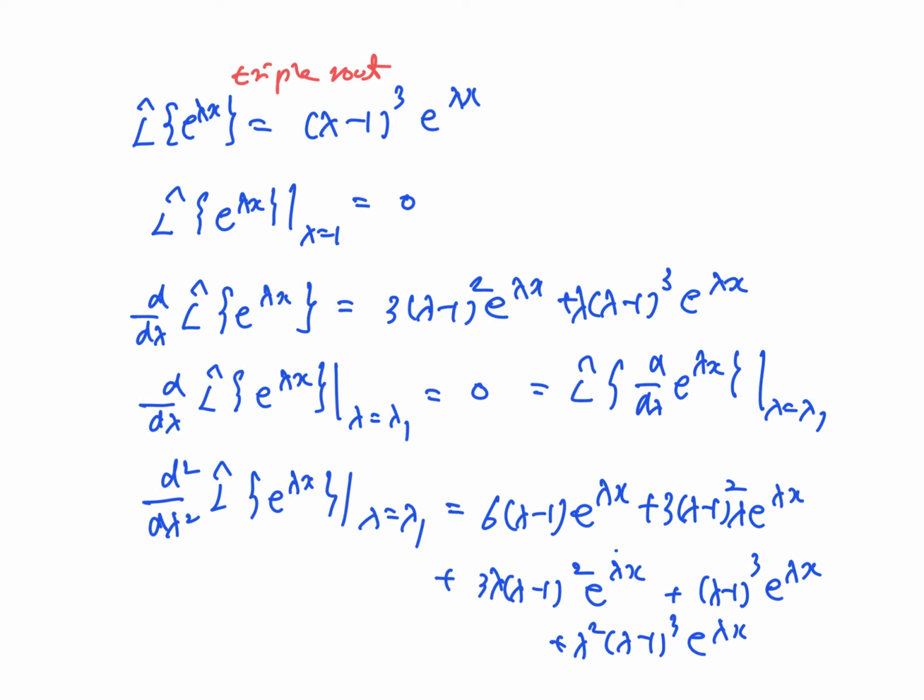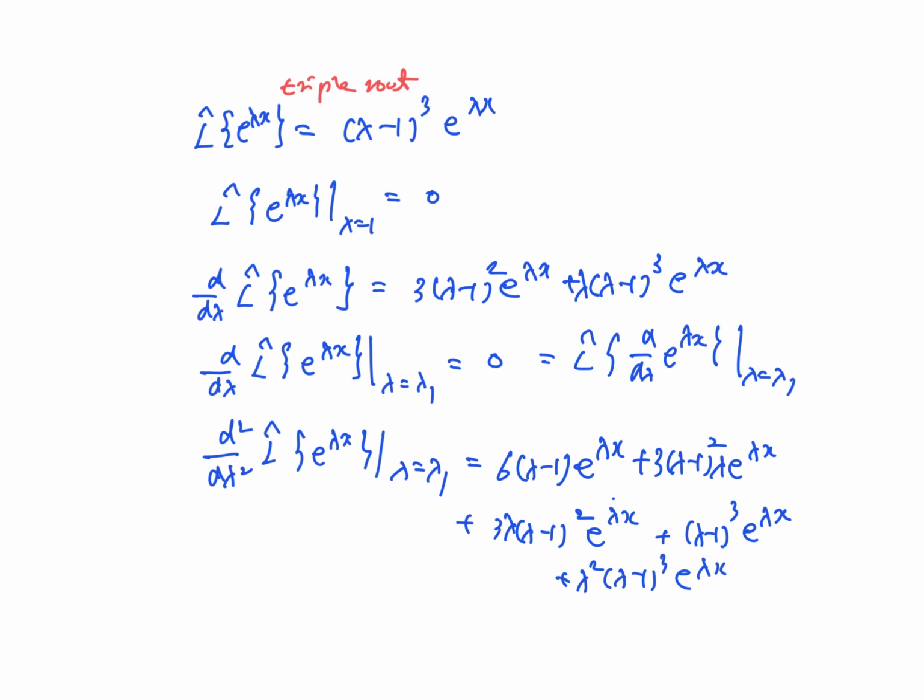This is a bit more complicated, but if we substitute lambda equal lambda 1, it is 0 again.